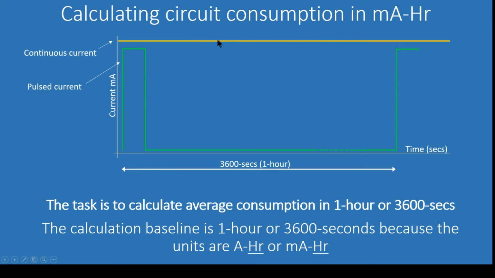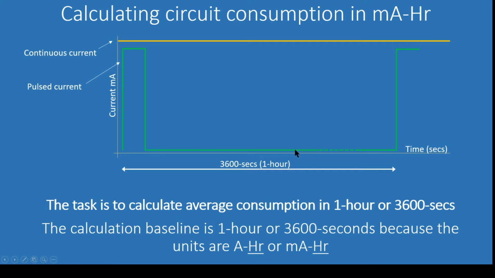It could be continuously demanding 1 amp, and the average value is 1 ampere hour. Or it could be a pulse of current and then a very low quiescent demand of current, and the task is still the same. You have to find that area of the current consumption, find that average.